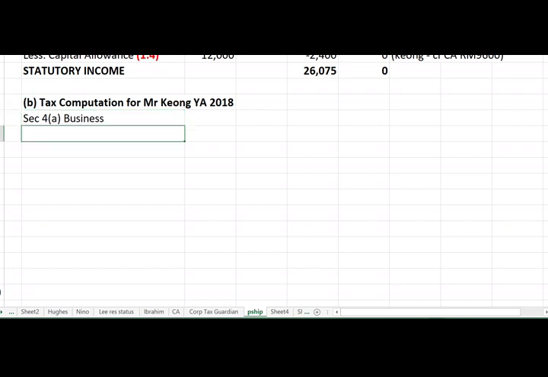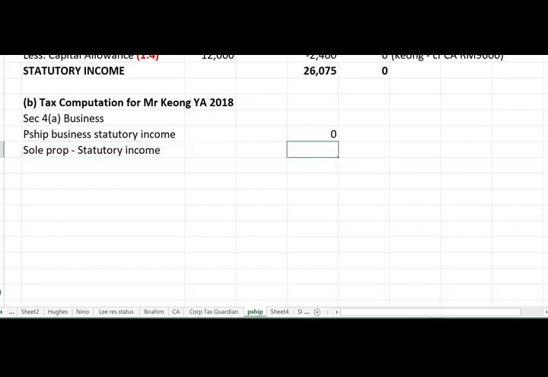Okay, so for 4A business, I would like to start with partnership. The partnership business is not profitable, it's a loss. So I'm beginning off with 0 there. Then it goes on and tells you that there's a statutory income from a sole prop.